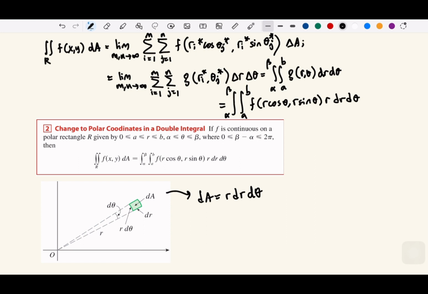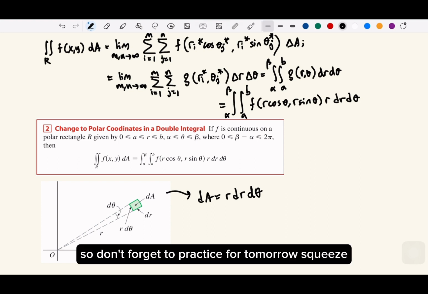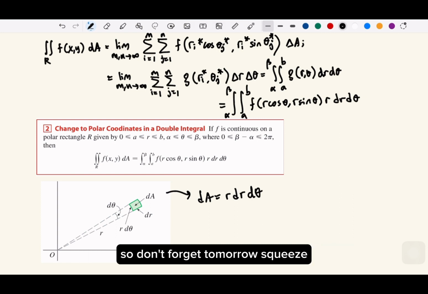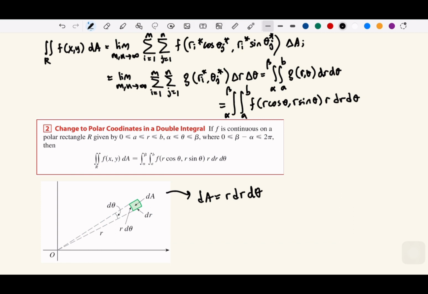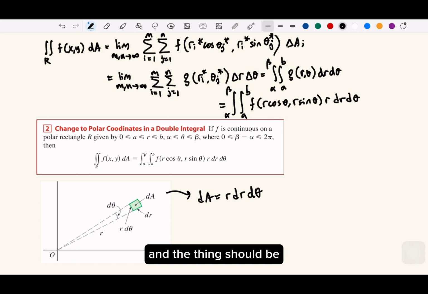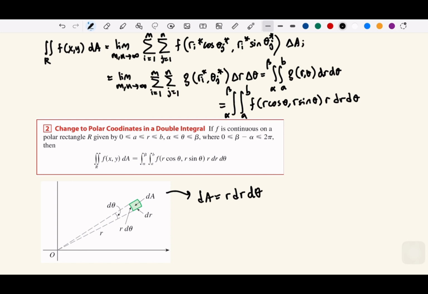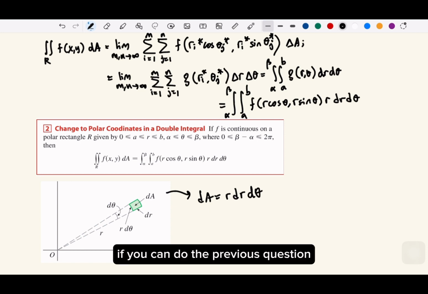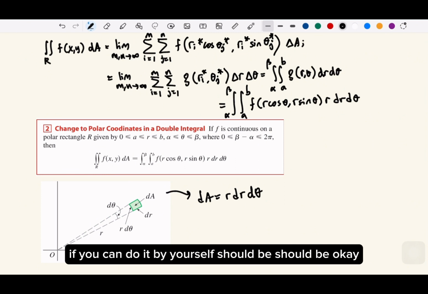Any question first? Don't forget to practice for tomorrow's quiz. Tomorrow is the quiz. I prepared 4 questions, and I think it should be okay. If you can do the previous questions, like the first 2 questions I tried today, by yourself, it should be okay.